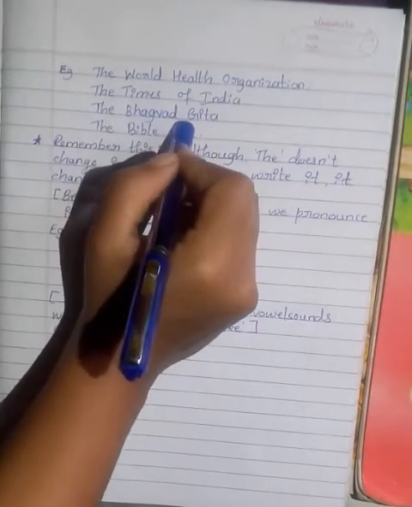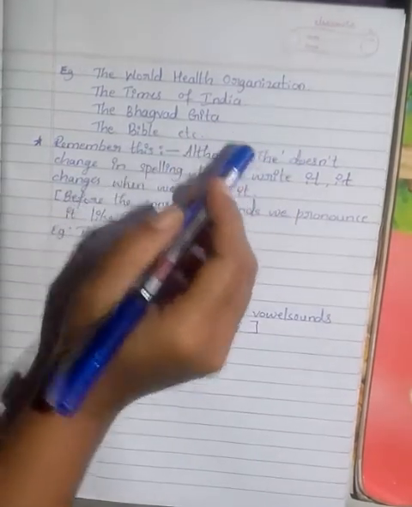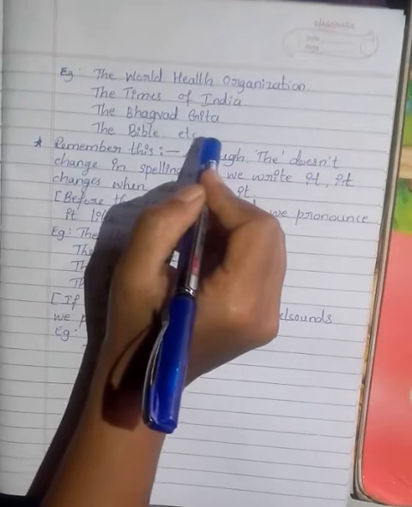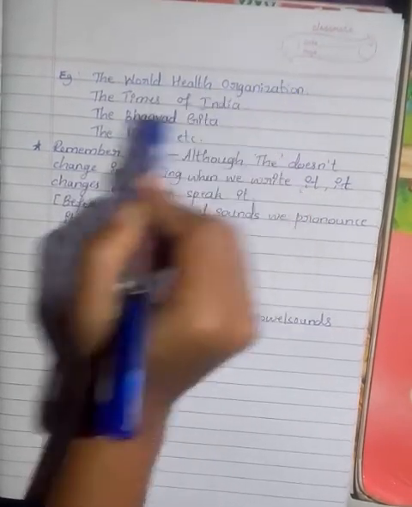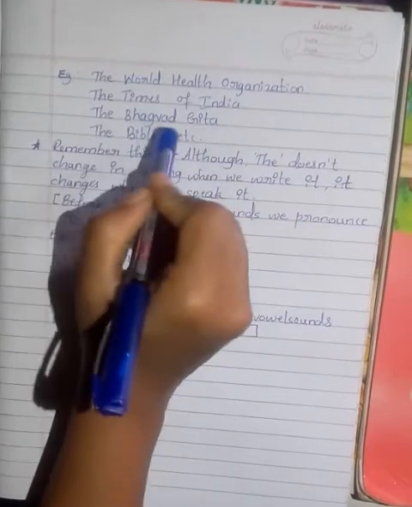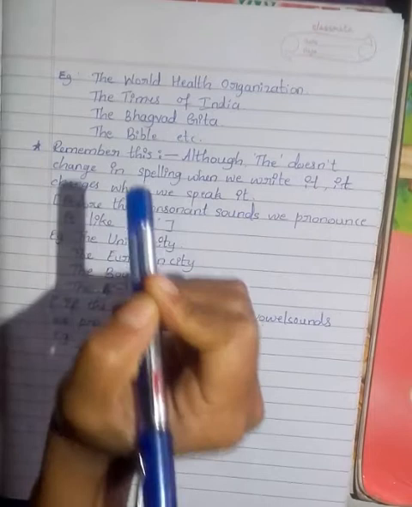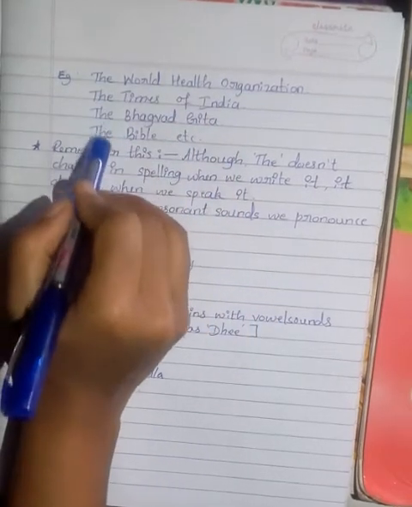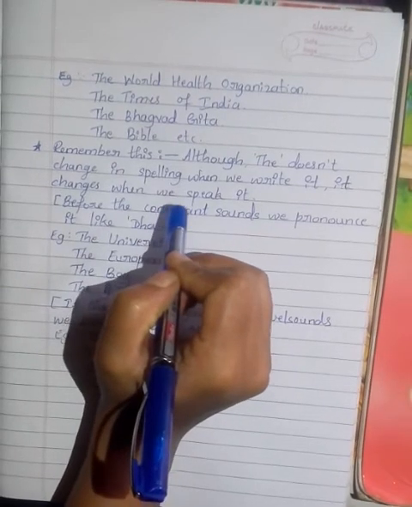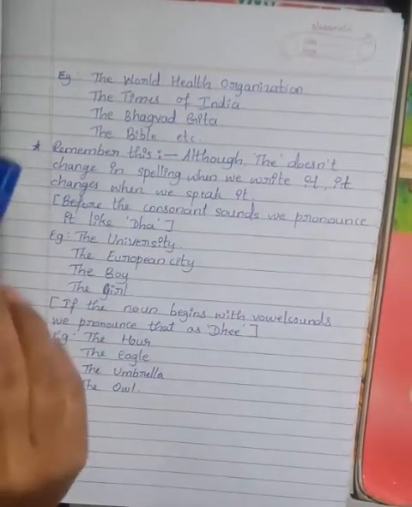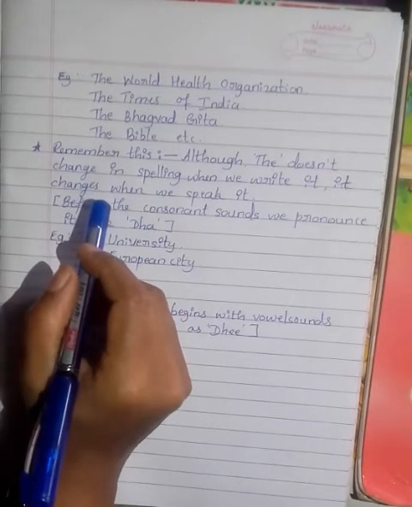The Bible, the Quran, etc. These are all well-known books. Understood, students? So this is the organization and this is the newspaper, and these both are well-known books. So for all these we will use the definite article. Understood, students? Remember, these are all things we have learned now about the definite articles and indefinite articles.